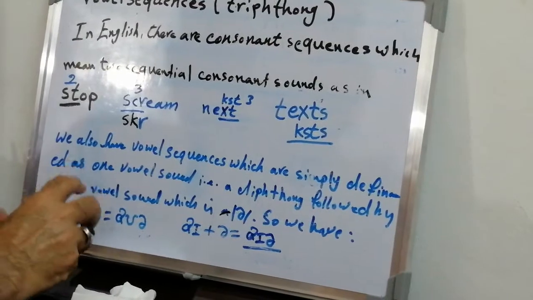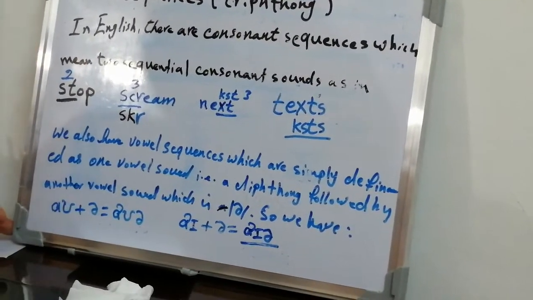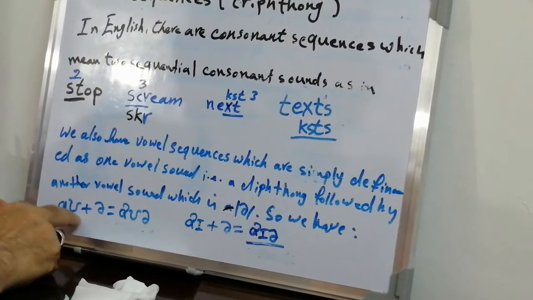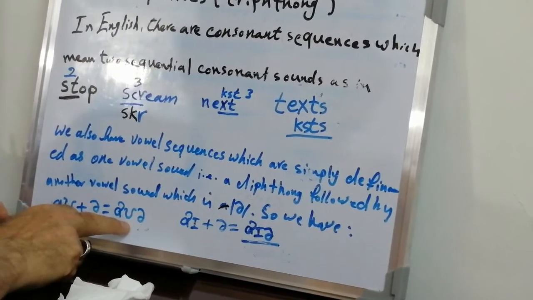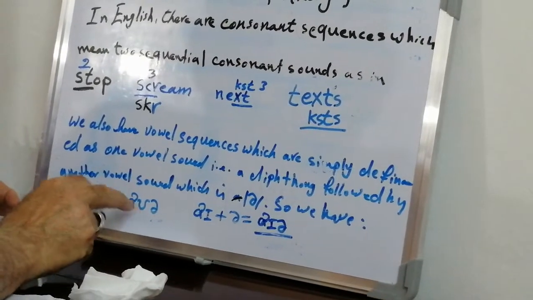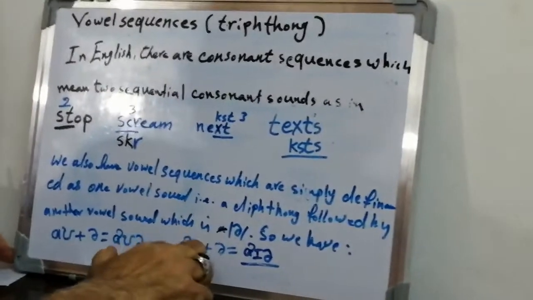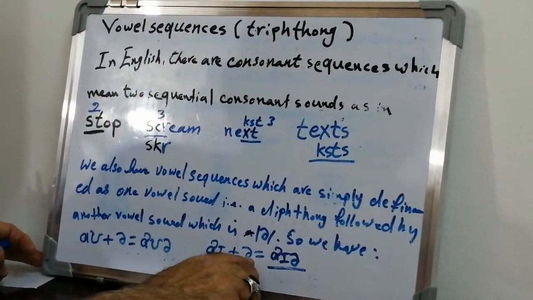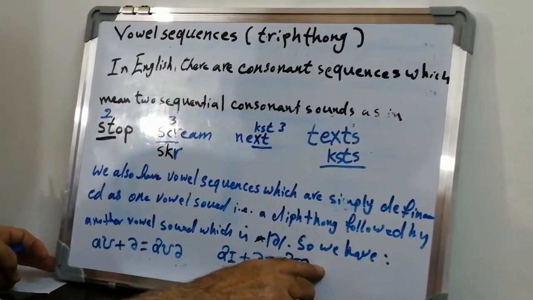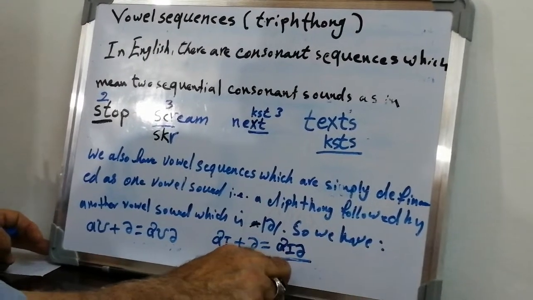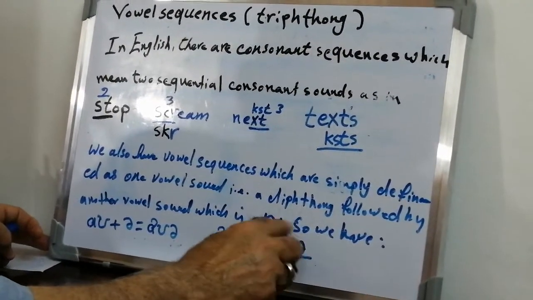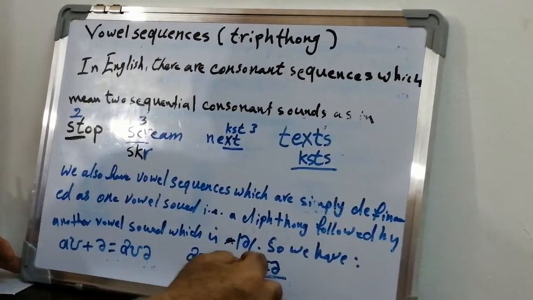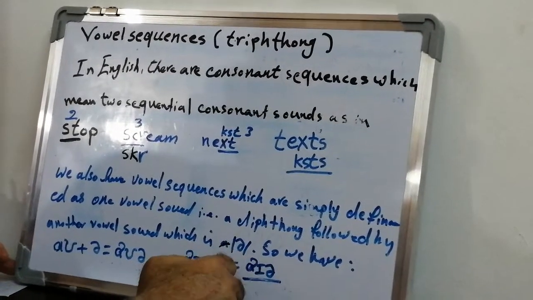The most common triphthongs in English are those which are ow plus schwa, which is going to be hour, I'll give examples on this. Also this sound ai plus schwa, it's going to be ire. So three symbols, each symbol represents one sound, but keep in mind, I'm repeating myself because it's very important, we consider it as one vowel sound.